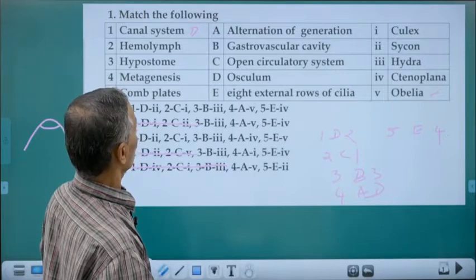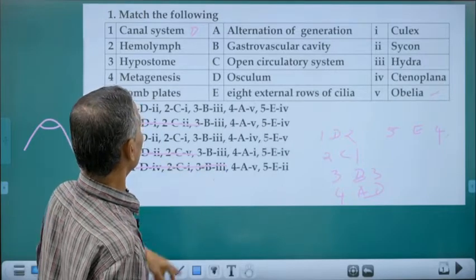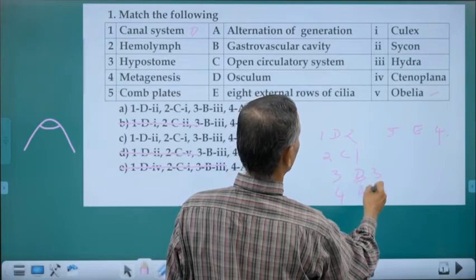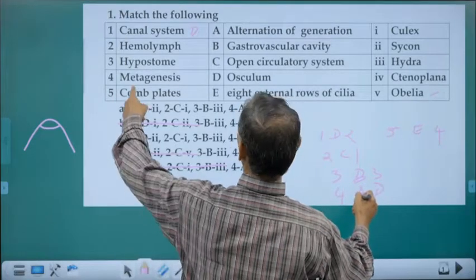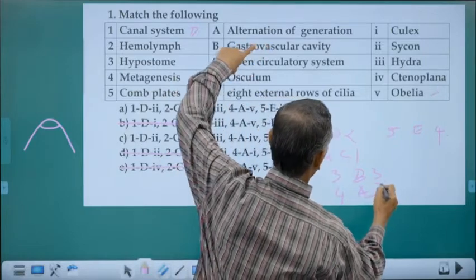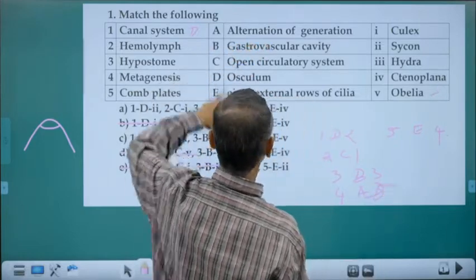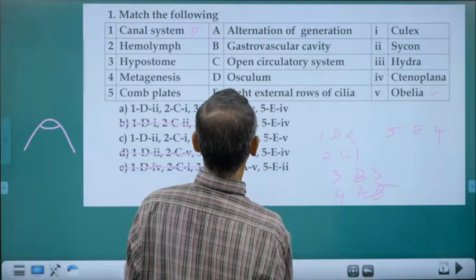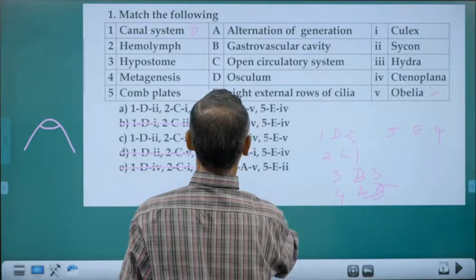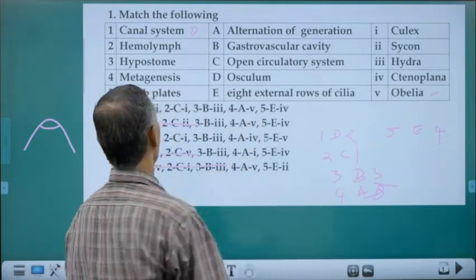So, for AD, metagenesis, alternation of generation seen in 5. C for A5. Both are having 4A, this 4, 5. So, answer goes to option A.